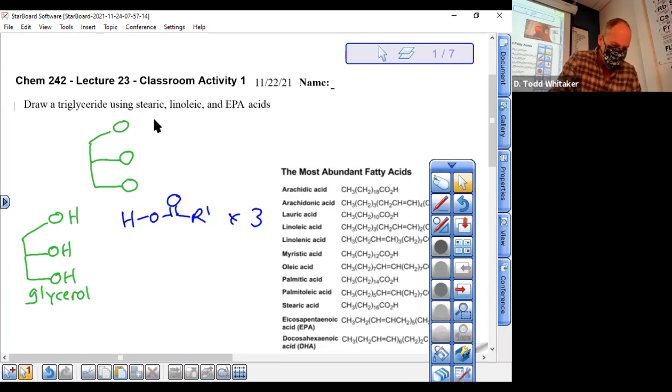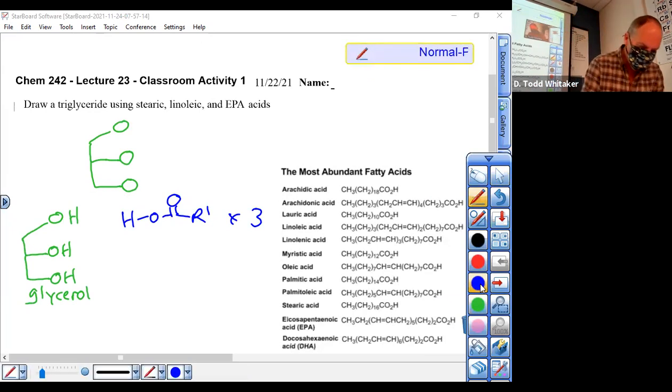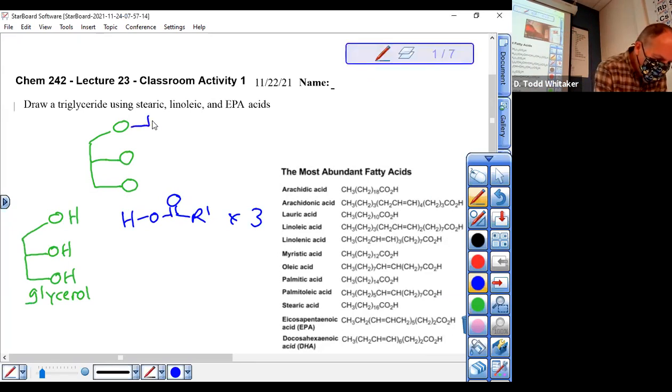So we're going to find stearic acid and make an ester with it. Stearic acid is this one down here. It's a saturated 18 carbon carboxylic acid. Don't forget, the carbonyl has to connect to this O. Connecting the carbonyl to that O, and then just read across.